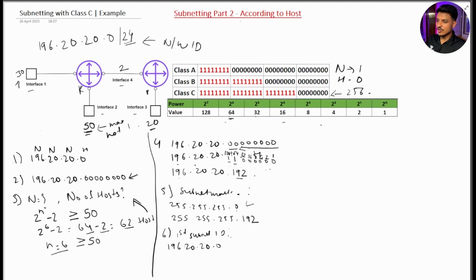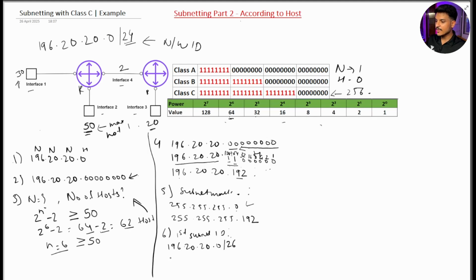In our scenario, how many bits are given to network? The first 3 octets, meaning the first 24 bits, are given to network, plus 2 more bits, that is 24 plus 2, which is 26 bits. So what will be our CIDR range? It will be /26.